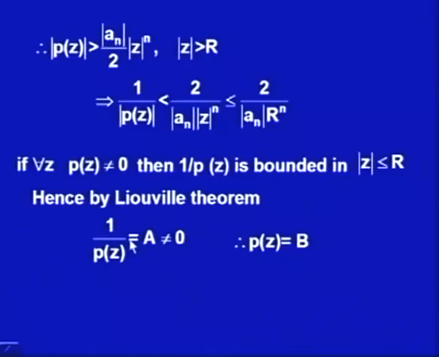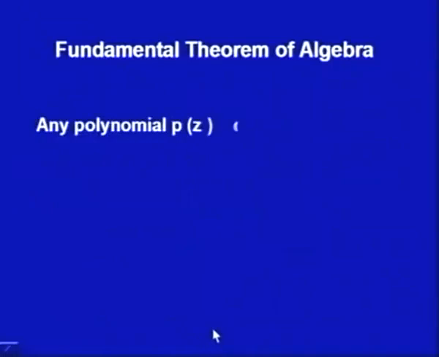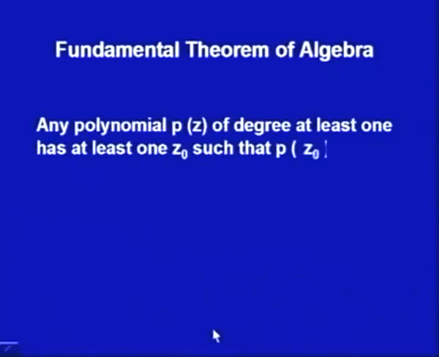Now, what we have got is the result that if P(z) is not 0 for any z, then it is a constant. And this gives us the fundamental theorem of algebra, which says that any polynomial P(z) of degree at least 1 has at least one z_0 such that P(z_0) is 0.